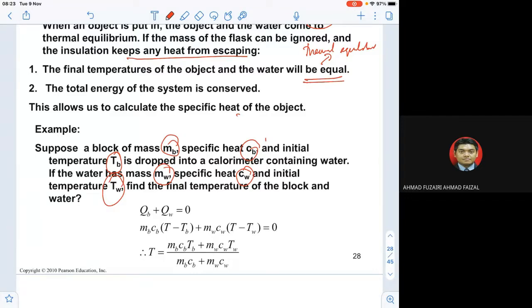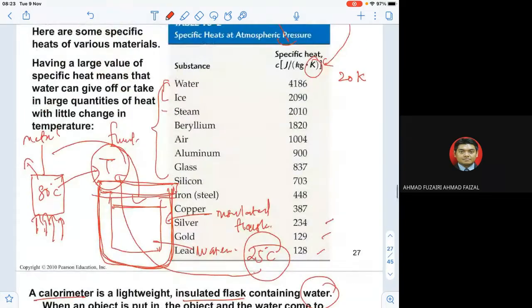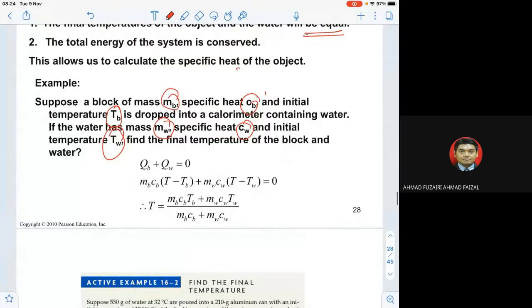Right now we need to know that the metal has energy QB, and the water has QW. QW is the quantity of energy of the water, and QB is the quantity of energy of the block.